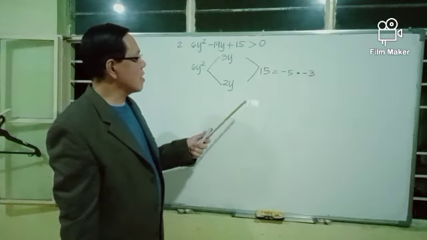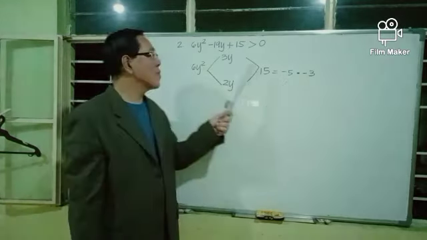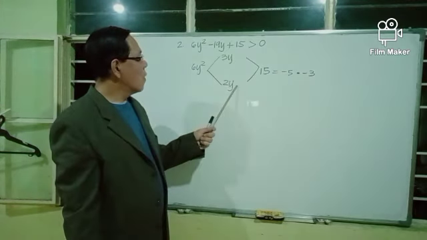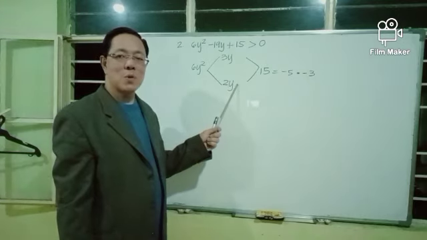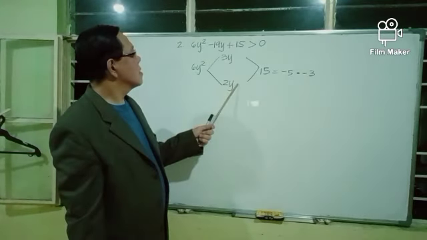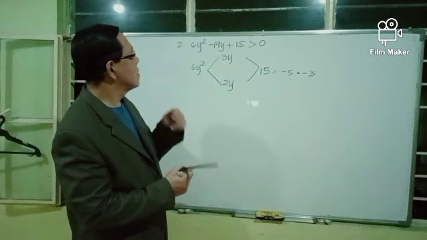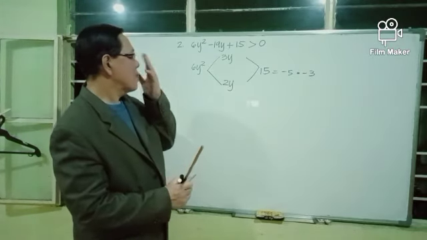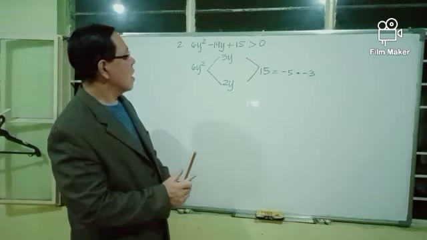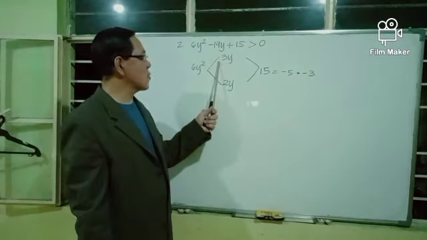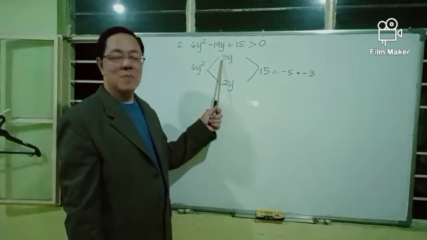Now, we must decide where to write negative 5, whether to subtract it from 3y or to subtract it from 2y. Now, I will write negative 5 here. I will subtract 5 from 3y, sorry.